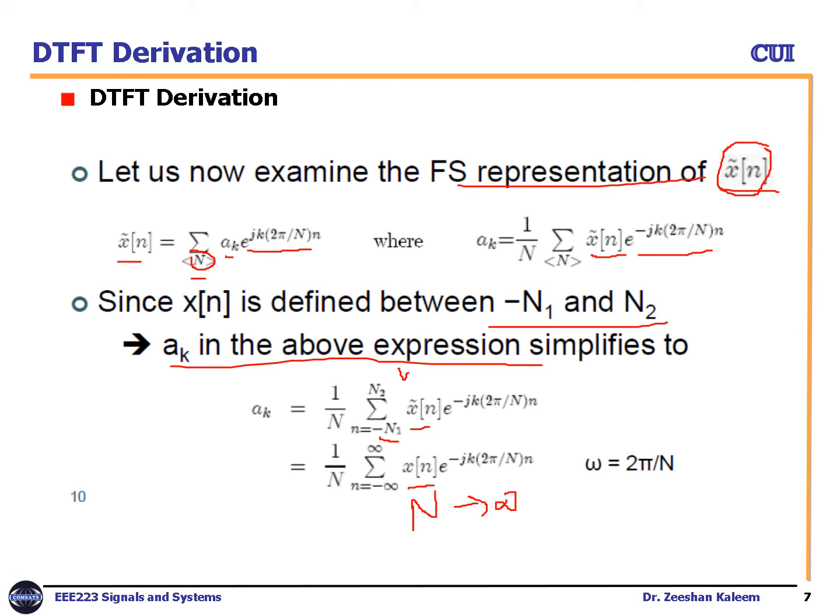So we can replace the limits with minus infinity to infinity, and replace x tilde of n by x of n, and the rest is the same, where omega is equal to 2 pi over N.